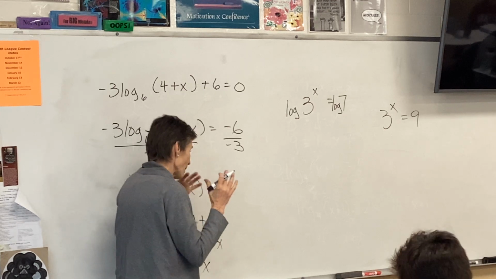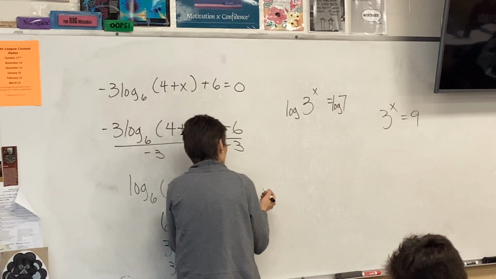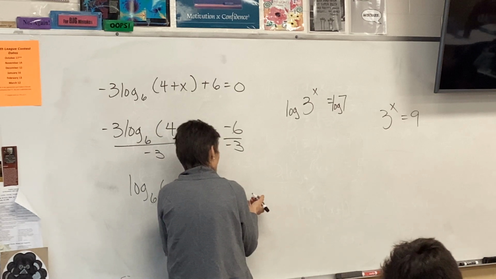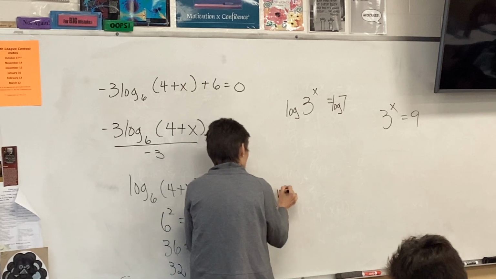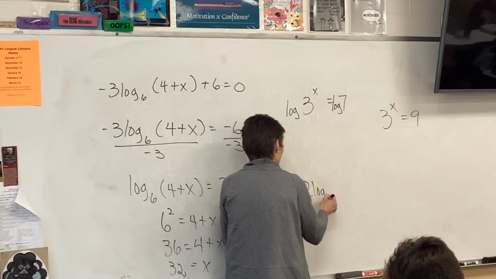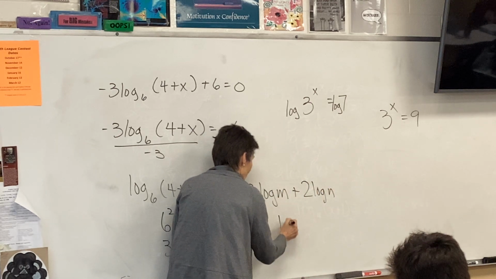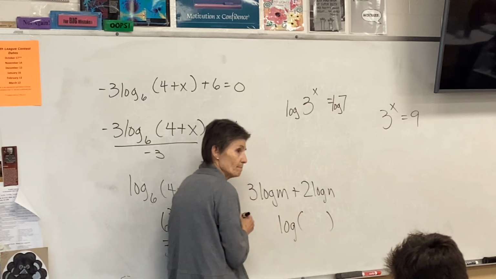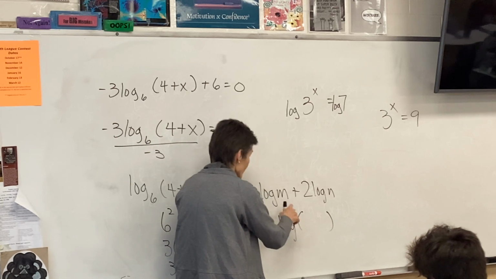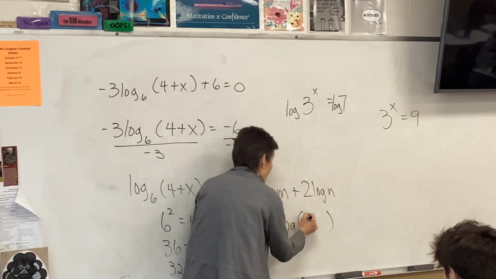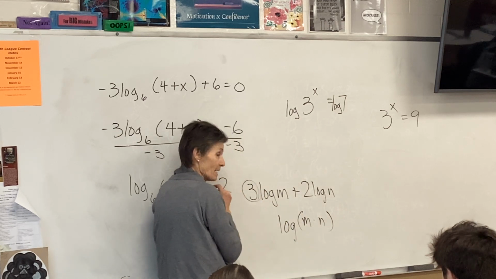Now, think back, I think it was last time, but it could have been the time before, when we had something like 3 log n plus 2 log n. And we were putting those together into one logarithm. Do you remember what went in here? Multiplication, so we had m's times n's in there. And then what happened with these guys?